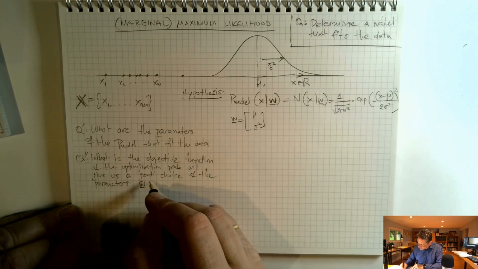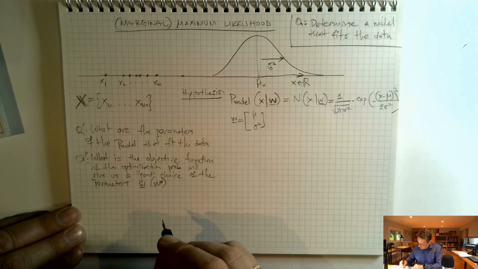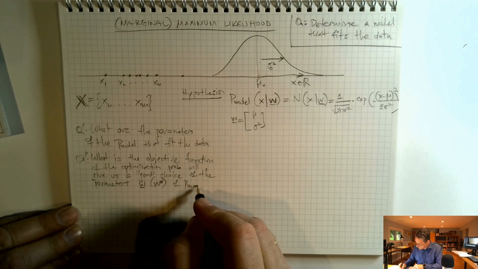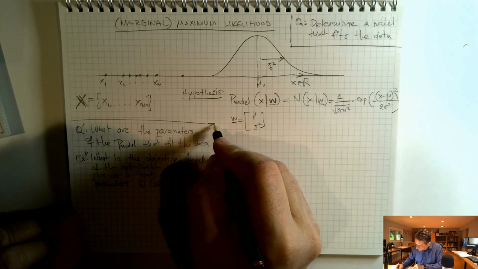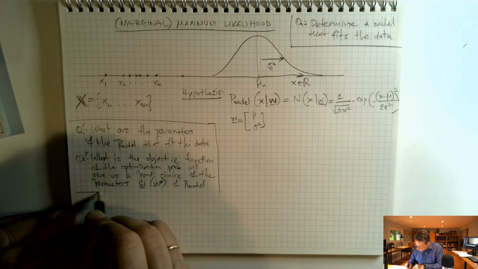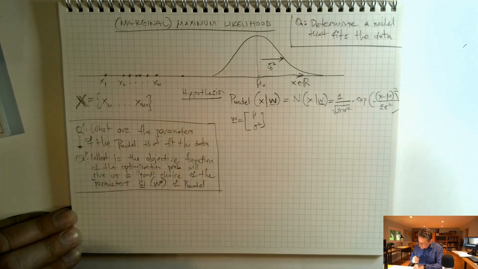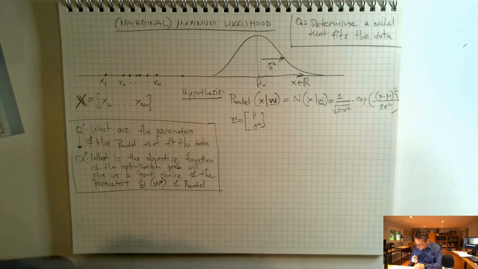I will call this choice w star of the p model. Okay, so these are the two subsequent questions, and now we will need to address this last one. So we went from Q to Q prime to Q double prime. That's our final question that we now need to address.